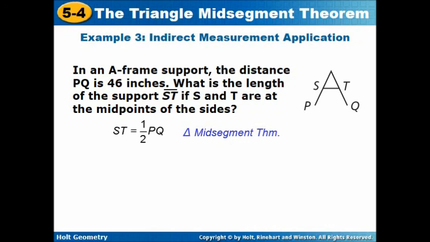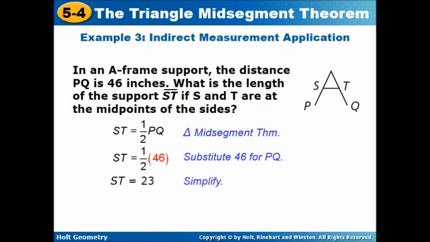And since we know that PQ is 46 inches, we're going to substitute that. And we're going to simplify, and we're therefore going to find out that the length of the support ST is 23 inches. So there you have it, practical application for the use of the triangle midsegment theorem.